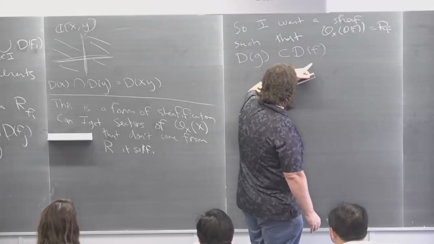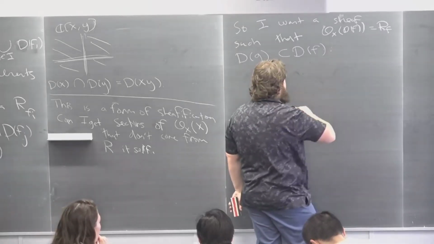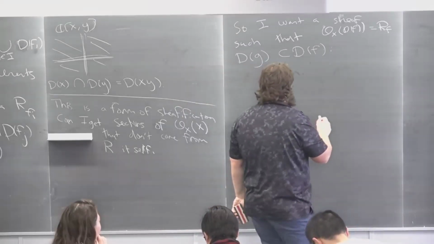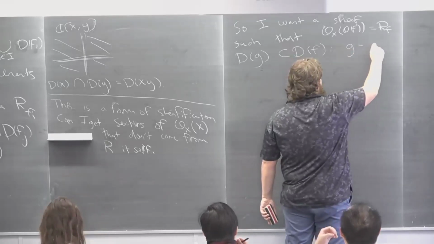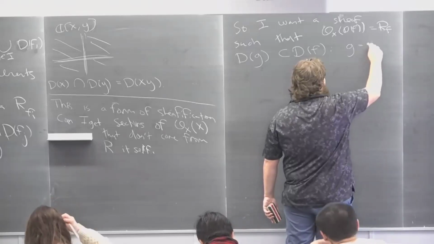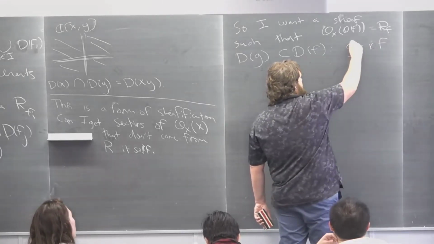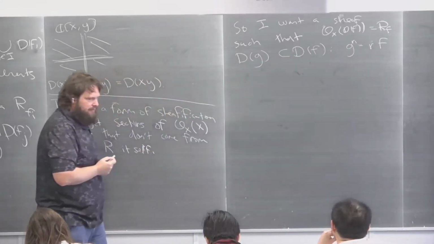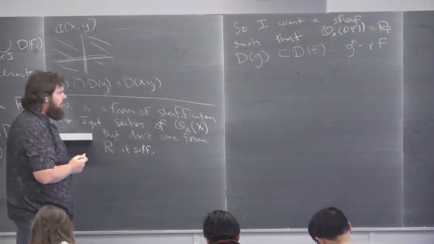So this is an exercise in Vakil. I will leave it to you as an exercise in ring theory. I would hope that this means that G is divisible by F. That's not quite right. It's actually that G to the N is divisible by F. All right.